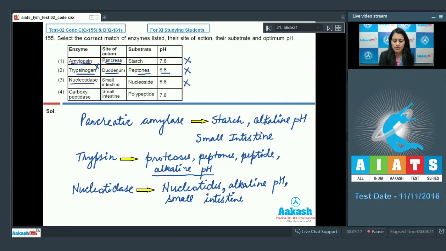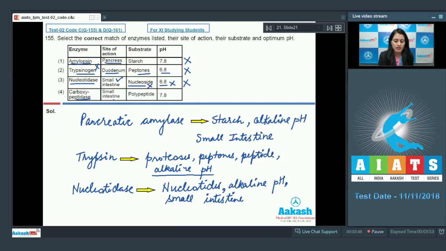So option number 3 is also incorrect because the site of action for nucleotidase is small intestine, but the substrate is incorrect because nucleotidase will act on nucleotide and not on nucleoside, and the pH is also not optimum for its activity.